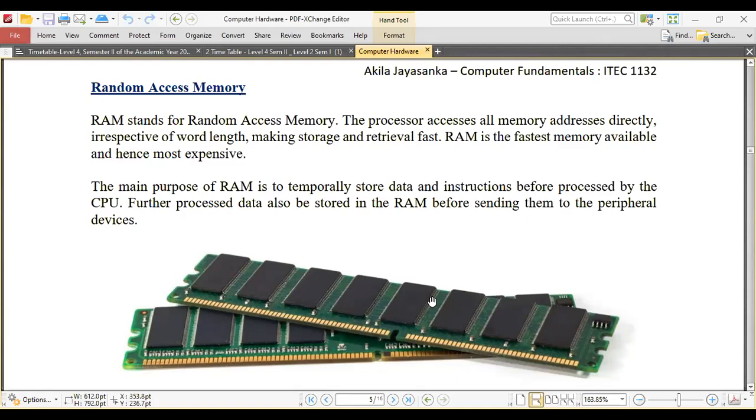If I type something in Word or Notepad, those data also will be stored initially in the RAM. Only when we save them will they be saved to the hard disk. Otherwise, they will be there in the RAM. That is why, if we close our program without saving data, the data will be lost.